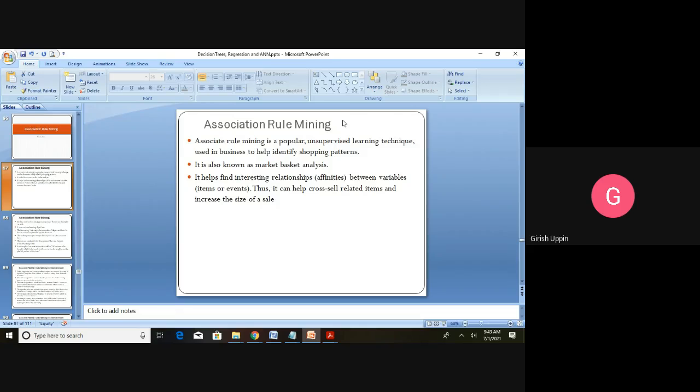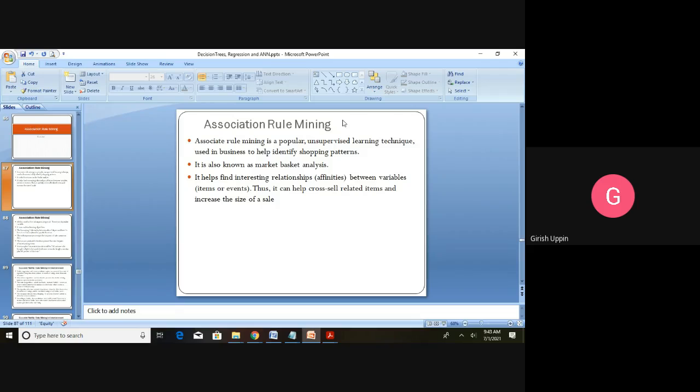Or the other way of putting it is that you can put those three items in three different places, so that the customer will be moving from one item to another, and during which he will be exposed to many other items, and probably he might buy those products. So that way association rule will help.